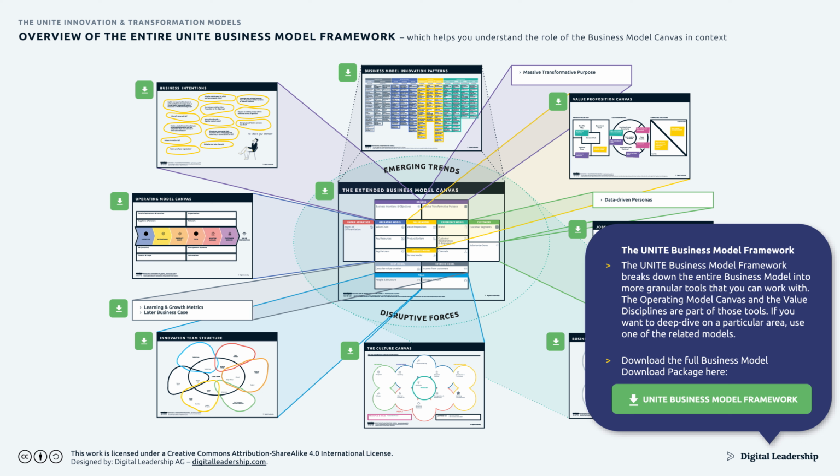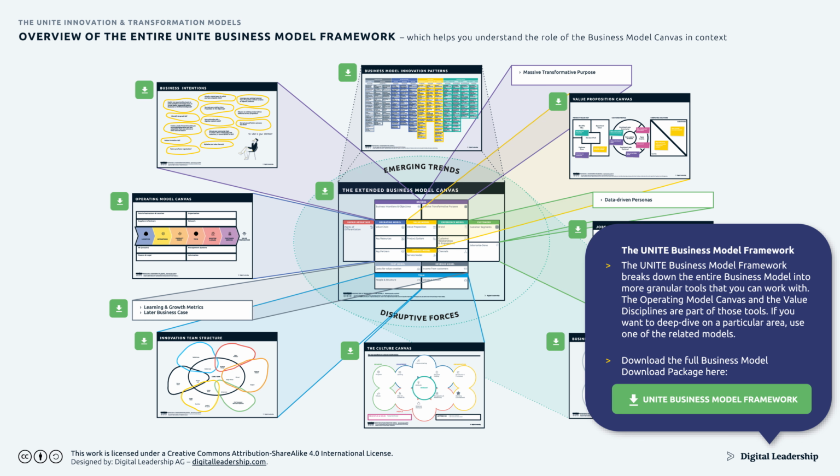And depending on what aspect you're interested in, you can quite literally zoom in and develop those details with those related models. As an example, you can deep dive on your value model with the help of the value proposition canvas, or on your operating model with the operating model canvas, which we discussed today. Or you can reinvent your business model itself with the Unite business model innovation patterns.